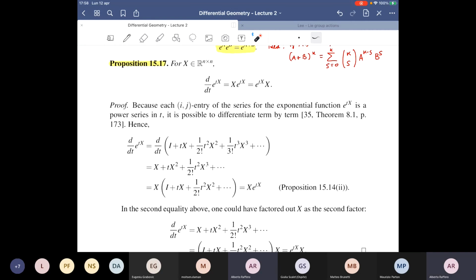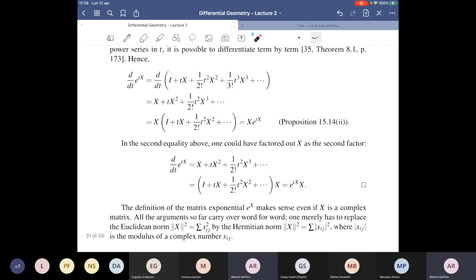we have a power series in t, and so we can differentiate term by term, since the series is convergent. So you start with this derivative, take the derivative term by term, so you just take the derivative with respect to t, and you will end up with an expression like this one. Now you can collect x and get precisely what we say: x times this infinite sum, which is precisely the exponential of the matrix tx.